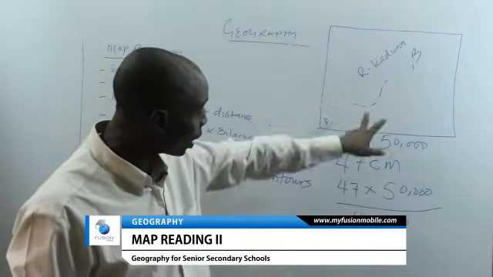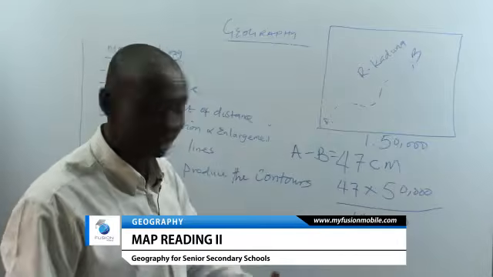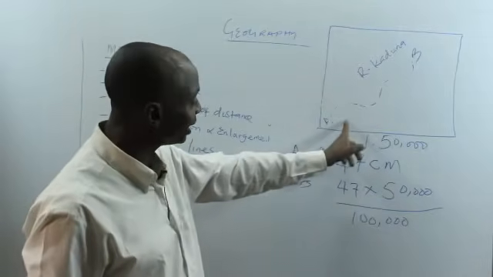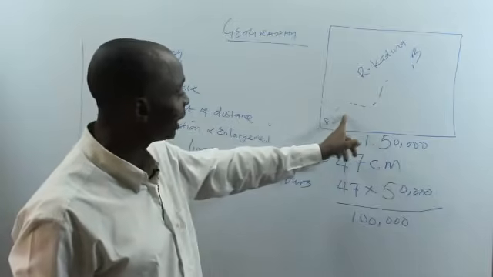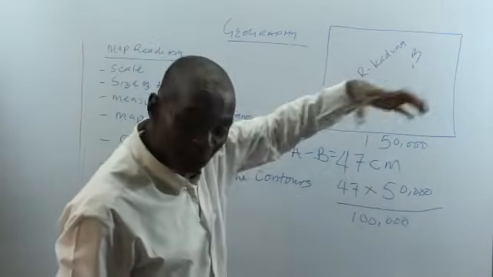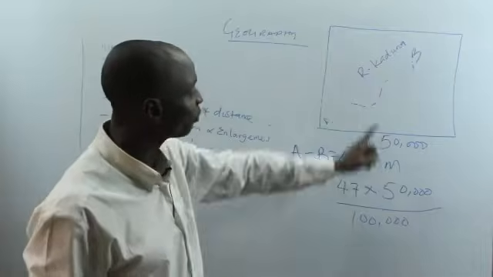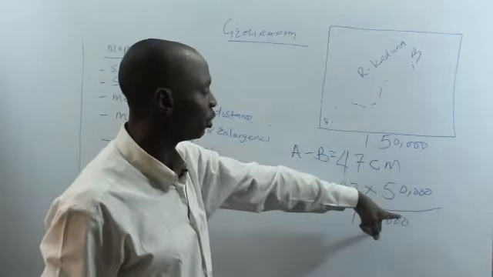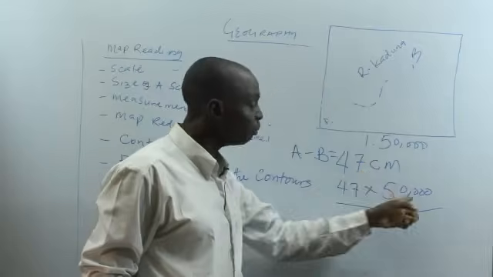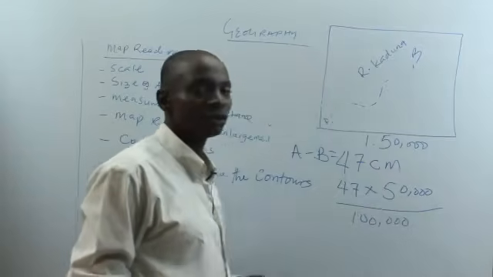When you are measuring a distance, the unit of distance is the kilometer. Now we use centimeters here because there is no way you can get kilometers on the map. So to convert this centimeter measurement to actual distance on the ground, you have to divide it by what? By 100,000. Multiply 47 centimeters by the scale of the map, all over 100,000.